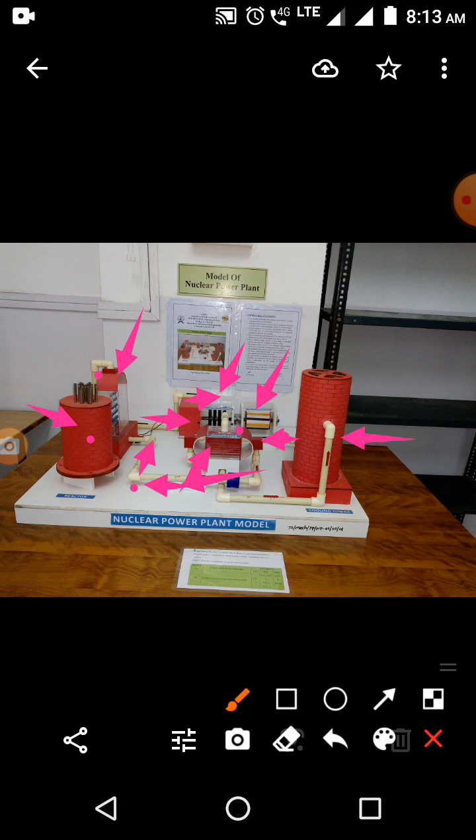This water then goes to the cooling tower, where it spreads into the atmospheric air and releases heat to the outside air. When its temperature comes down, this cooling water again comes to the condenser. So this is the process of the nuclear power plant. Thanks for watching, and this is the end of the video.